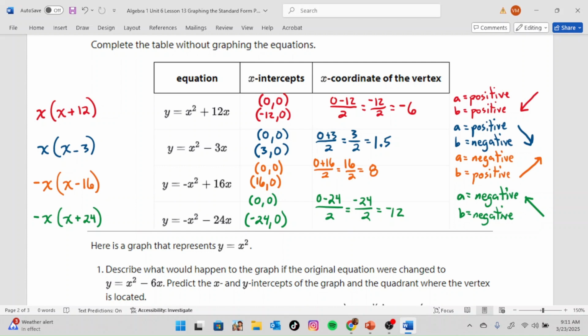And in both of those, because a is positive, the parabola opens upward. On the other hand, if a is negative, we now flip the parabola upside down and it opens downward. And if the a is negative and the b is positive, we then shift that parabola up and to the right. And if they're both negative, we shift it up and to the left.